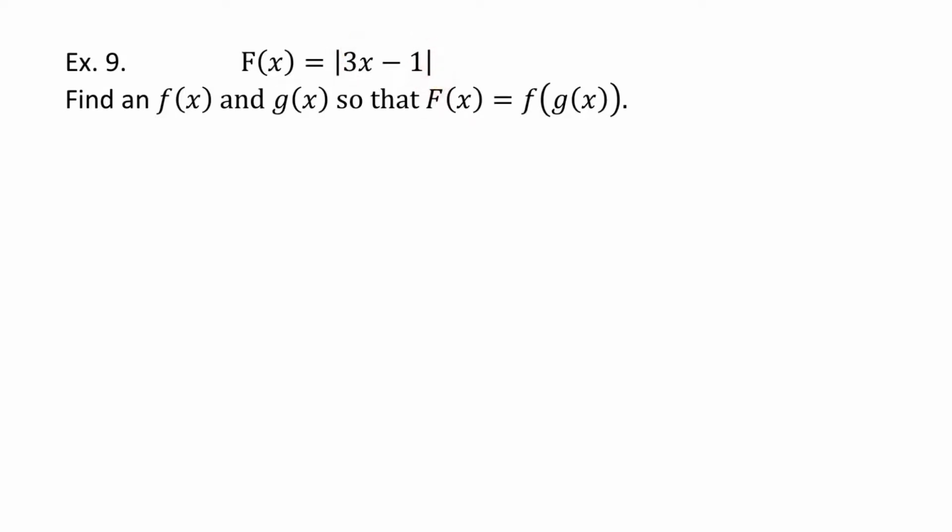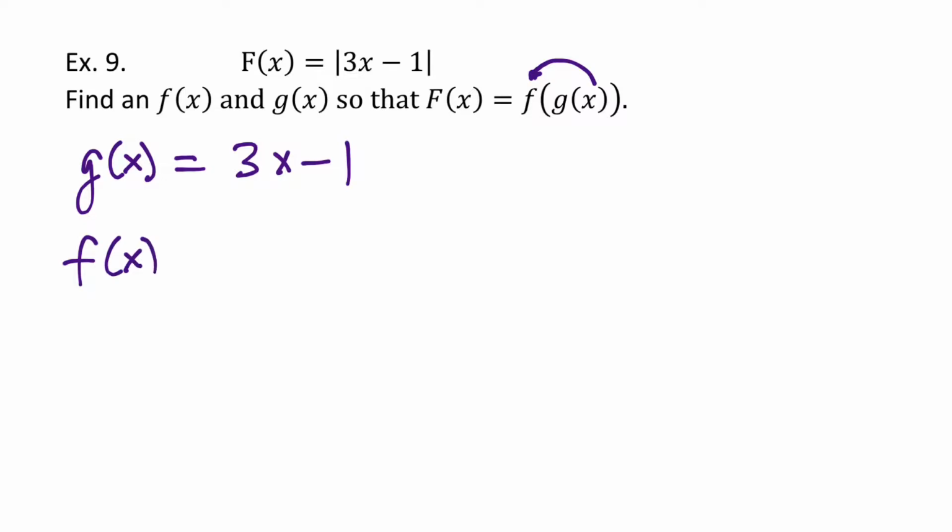Okay, and since these things we think about as the inside going into the outer function, then it makes sense that the g of x is going to be the inside stuff, 3x minus 1, which is then going to go into the f of x, which is the outside thing. Now let's see if that makes sense.